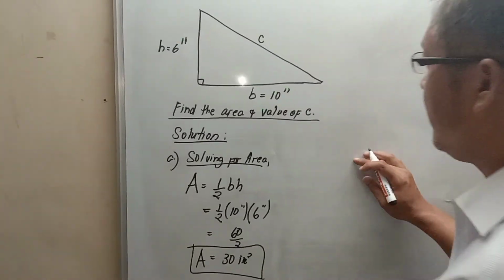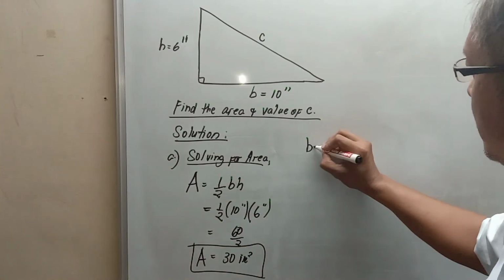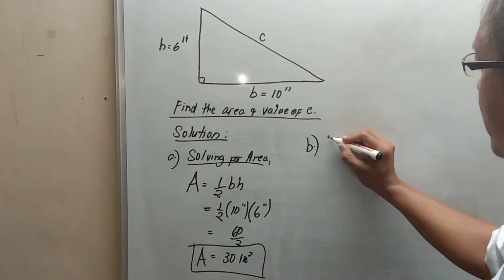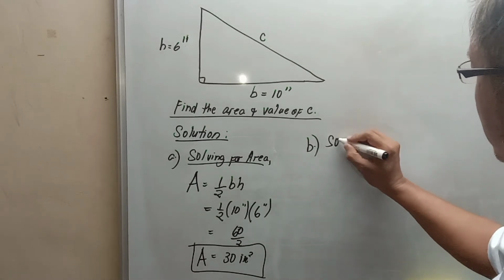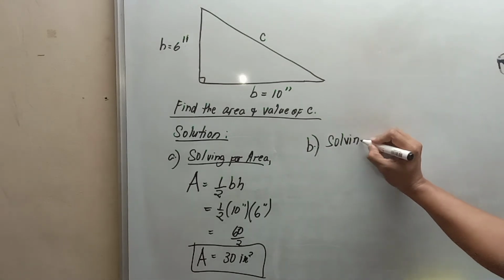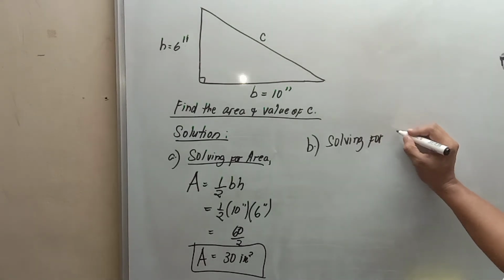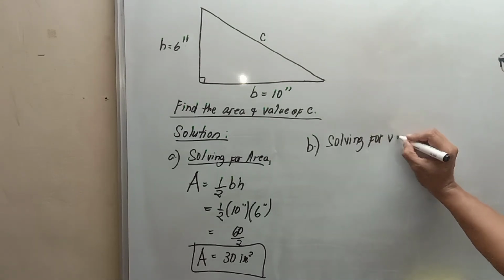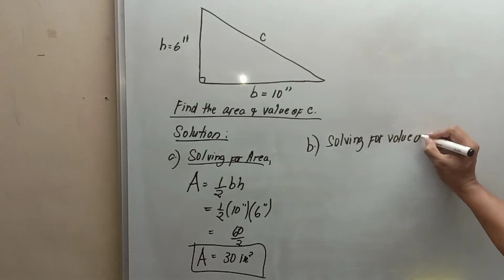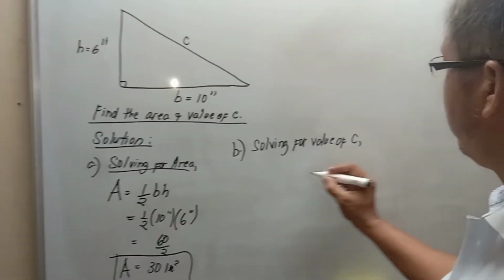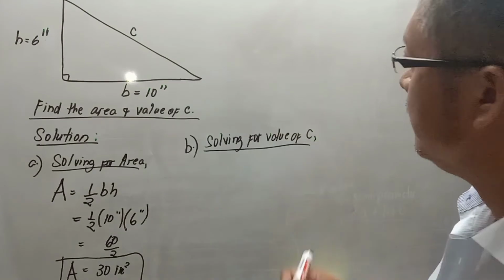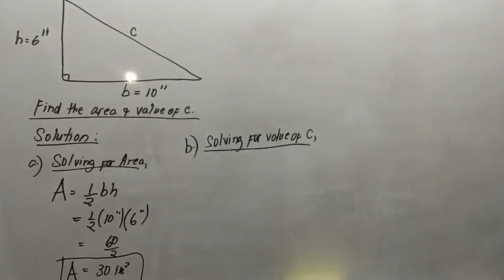So this is the simple answer regarding the area of this triangle problem. Now the second requirement is solving for the value of C. How will you find the value of C, guys?